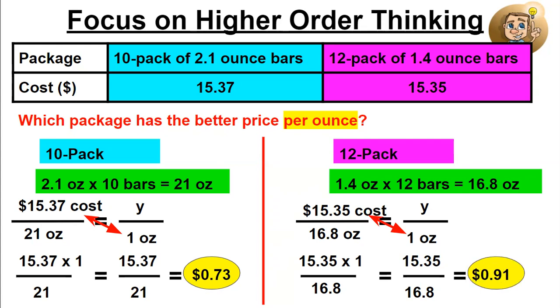So which one is the better deal? Well, the 10-pack is the better deal when you figure it out per ounce, right? The 12-pack was a better deal when you figured it out per bar. So I'd rather get more food than more bars, right?